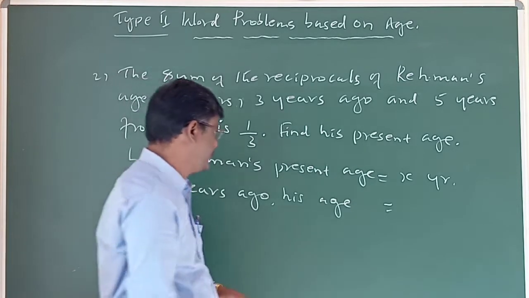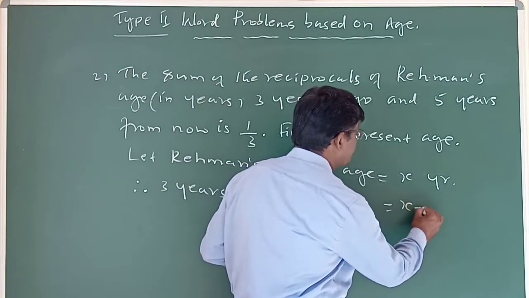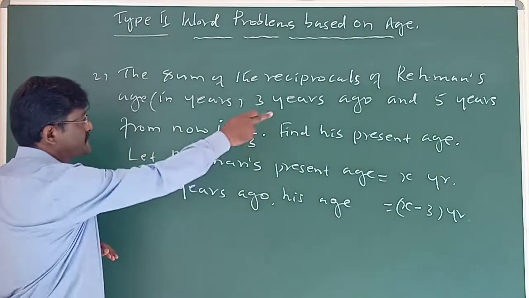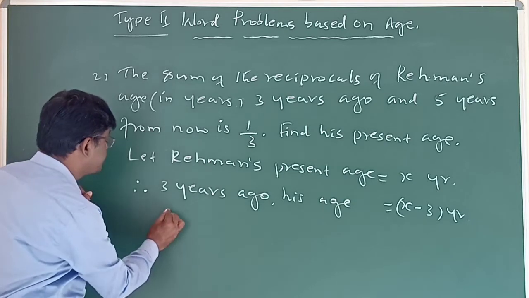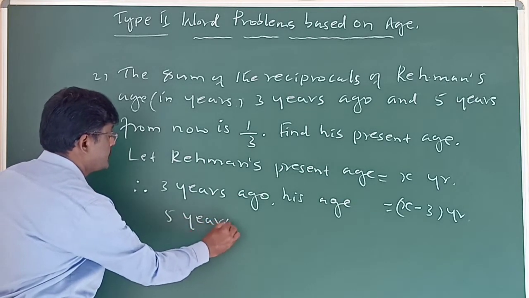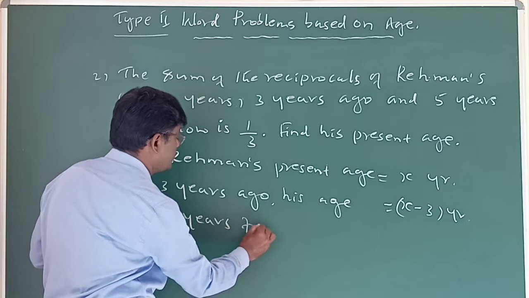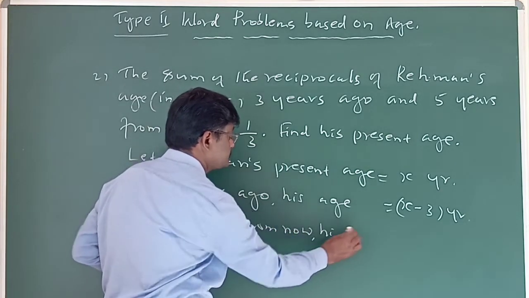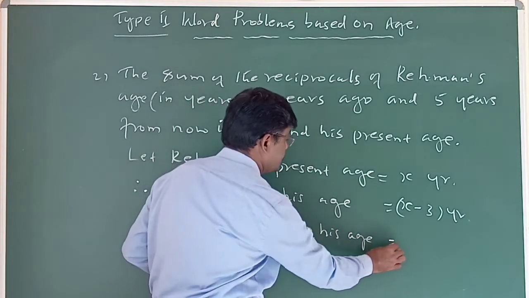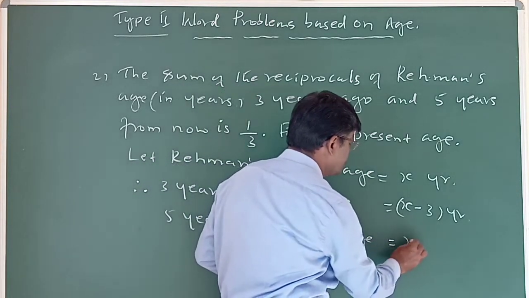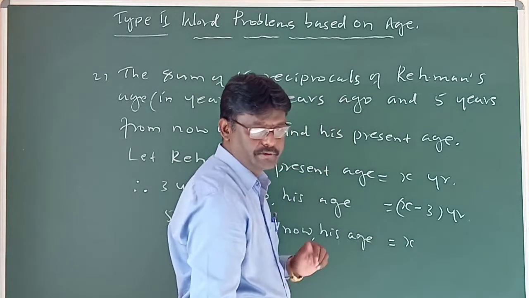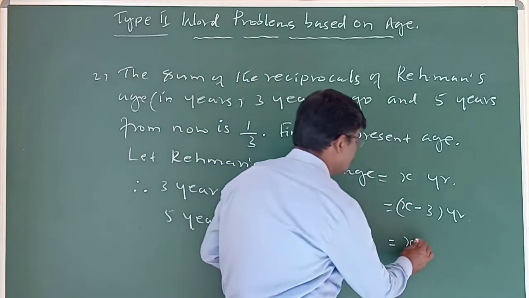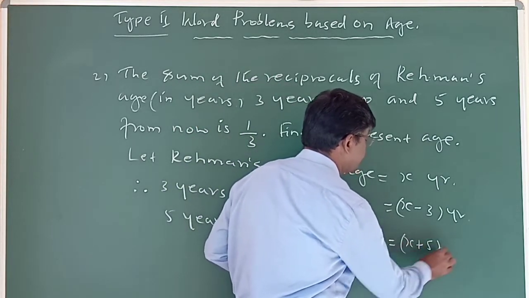No. So you know it: x minus 3 years. Next, the second condition: 5 years from now, his age. From now, 16 plus 5 means it will be 21. So x plus 5.